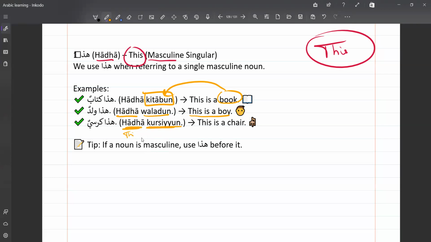So remember that if a noun is masculine, always use هذا before it. Whenever you refer to a masculine noun, you will use هذا, like هذا كتاب, هذا ولد, هذا كرسي.